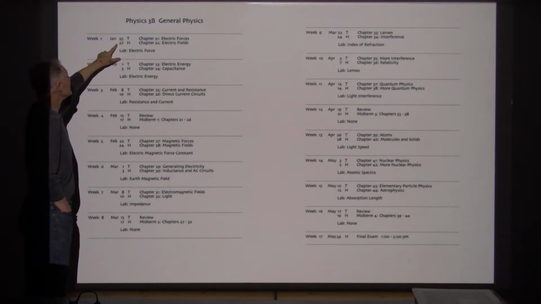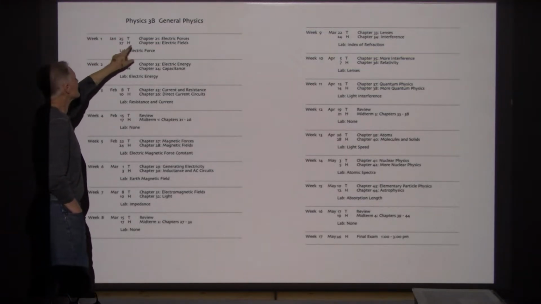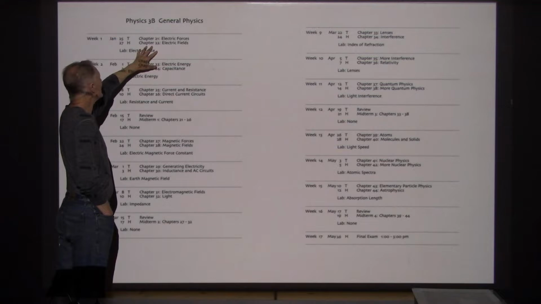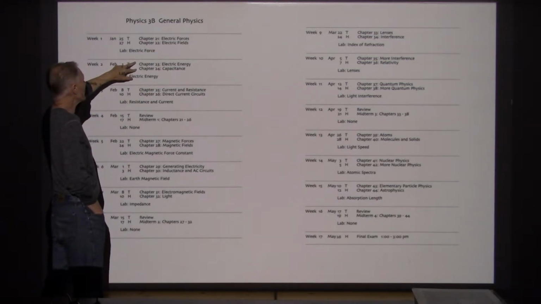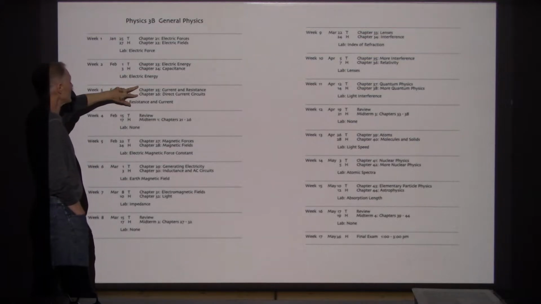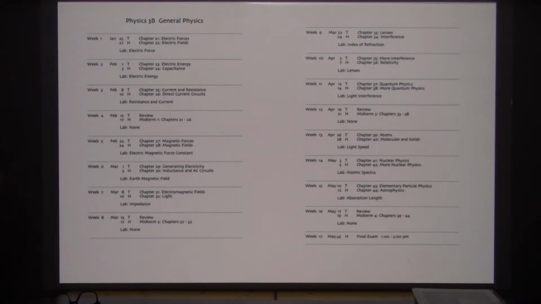For the first week, there are 2 dates listed, and you'll be looking at chapter 21 and chapter 22. The next week is chapters 23 and 24, and then 25 and 26. So pretty much each official class meeting, we're looking at one particular topic.